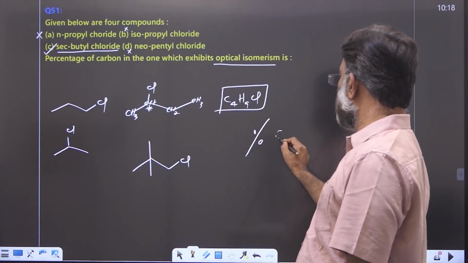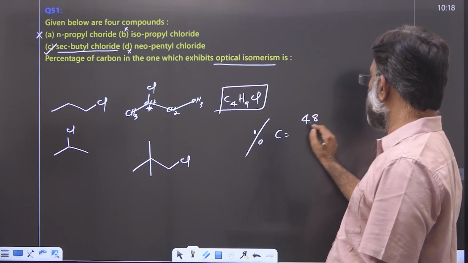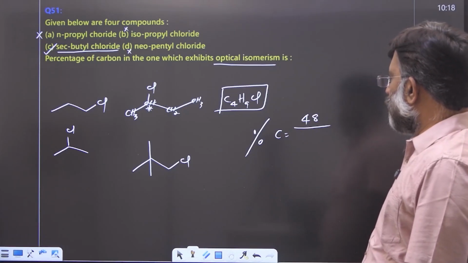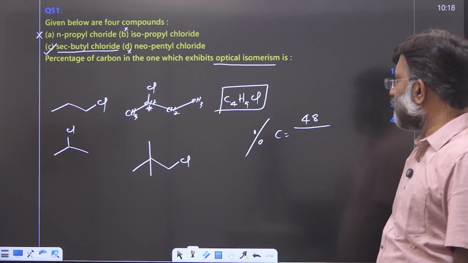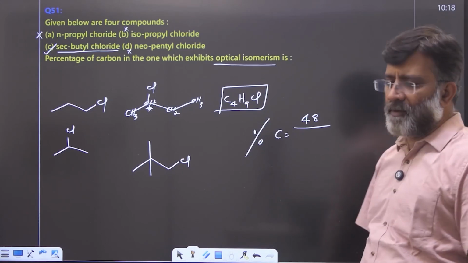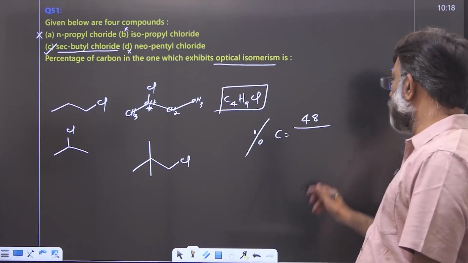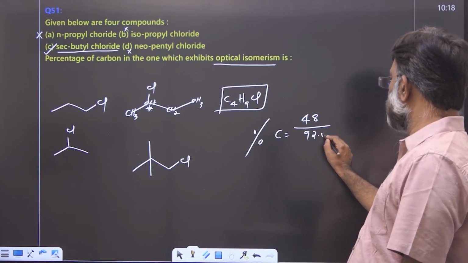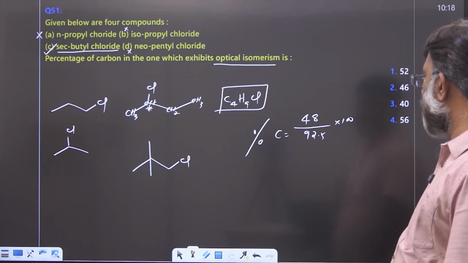Please find out. Percentage of carbon, 4 carbon. So it is 48 divided by 48 plus 9 plus 35.5, that is 92.5, into 100. Isn't that correct? Yes.